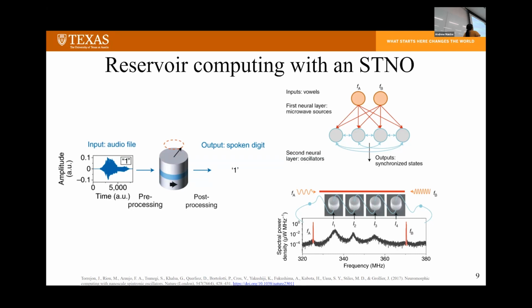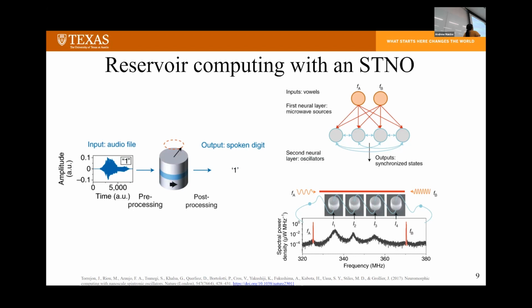We see those 4 images at the bottom, which is the parallel connection of the STNOs, and the frequencies are tuned by using the DC biasing current. With the tuning of the current, they're able to create a synchronization pattern between the oscillators that corresponds to the desired output, which is the vowel sounds that you're looking for.